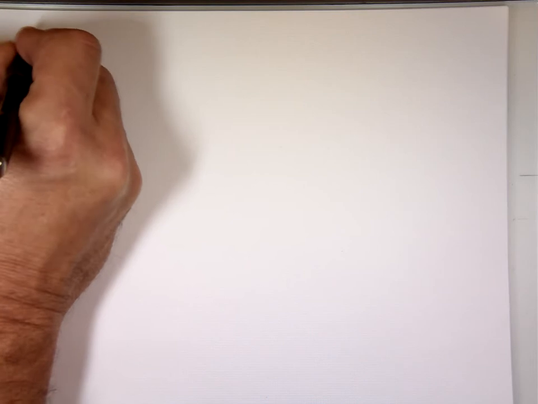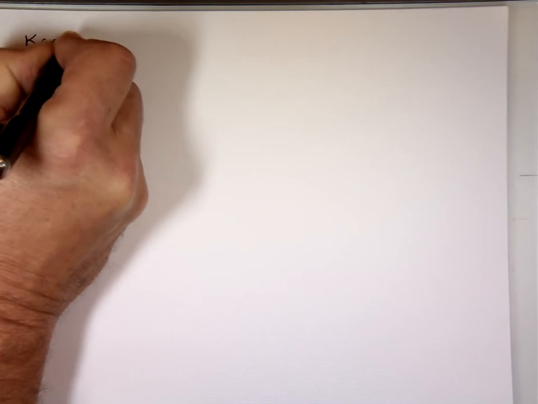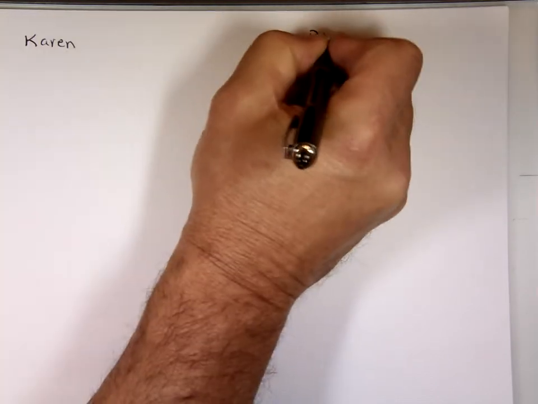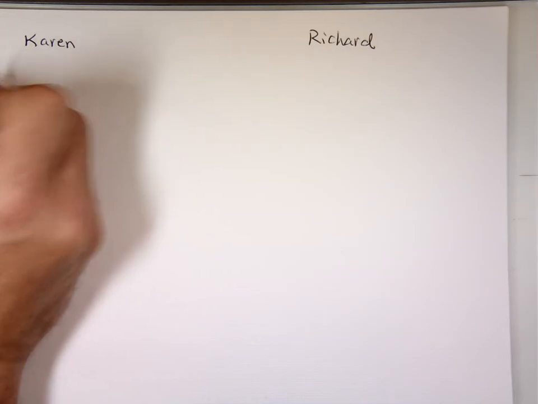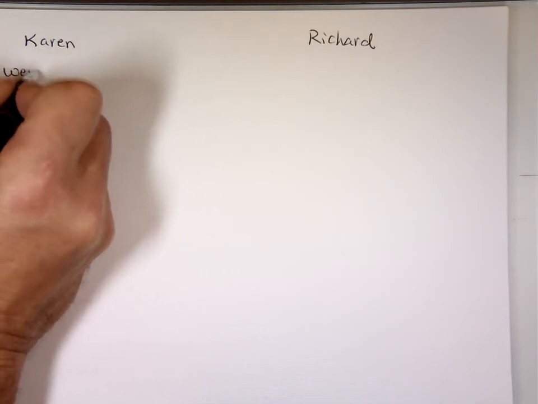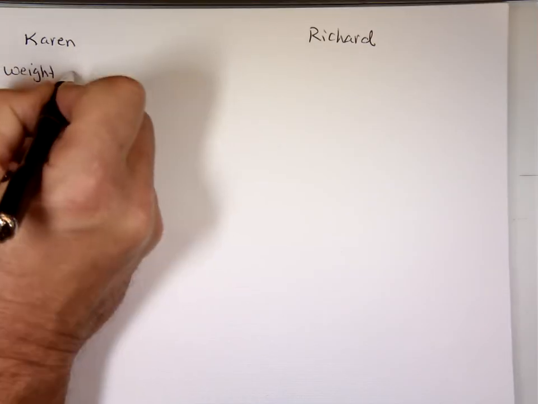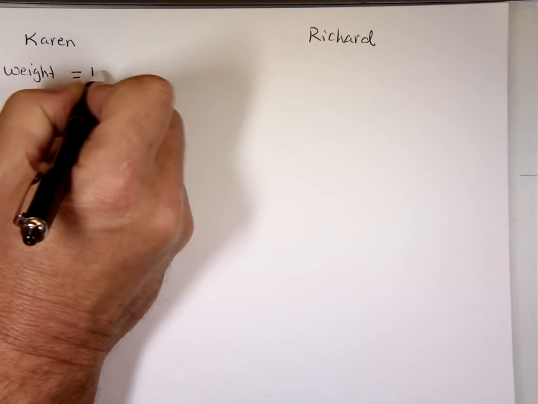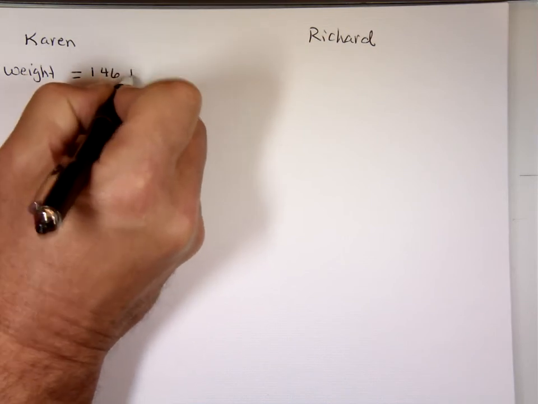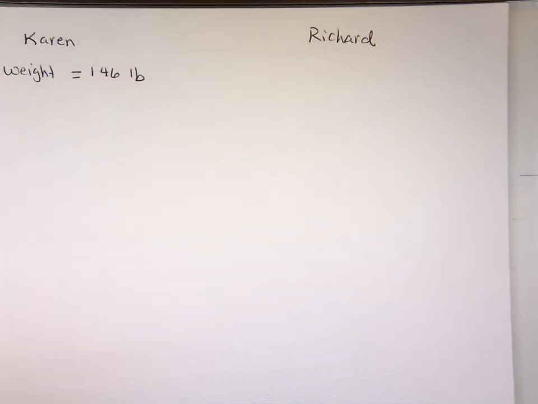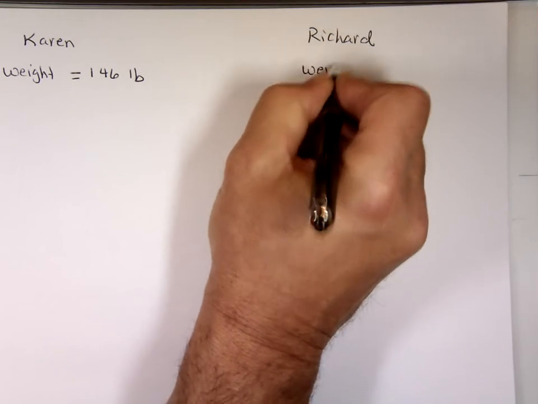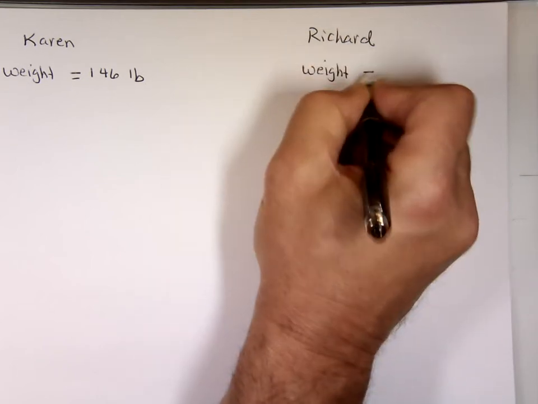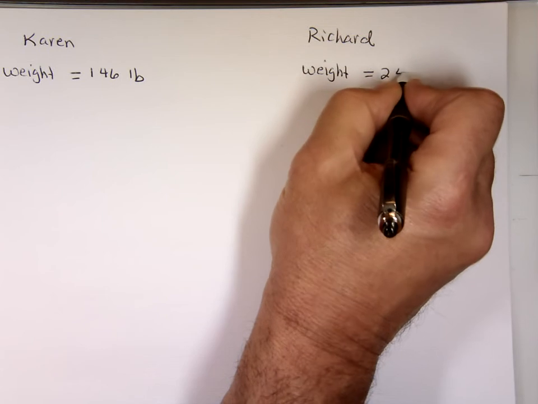So let's put Karen and Rick here. We'll take 2 people. Karen's weight today, we'll just make some numbers up, let's say 146 pounds. Rick's weight here is 246 pounds.